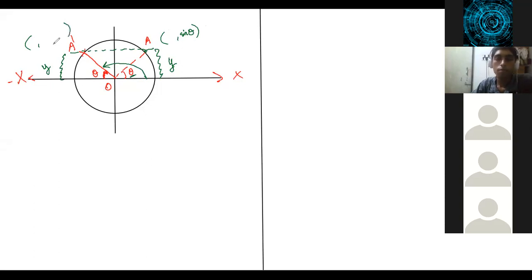That is fine, but based on the angle, this is 180 minus theta. So based on the angle, this coordinate should be cos of 180 minus theta, sine of 180 minus theta, isn't it? Yes, sir. The cos of pi minus theta and sine of pi minus theta.